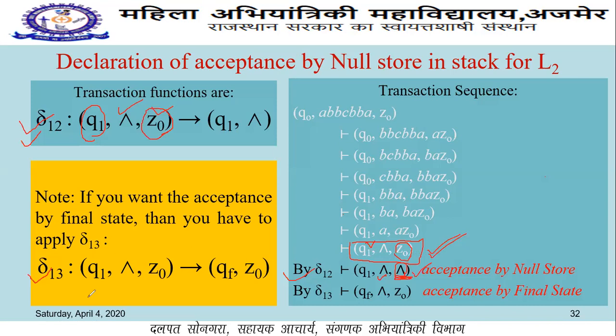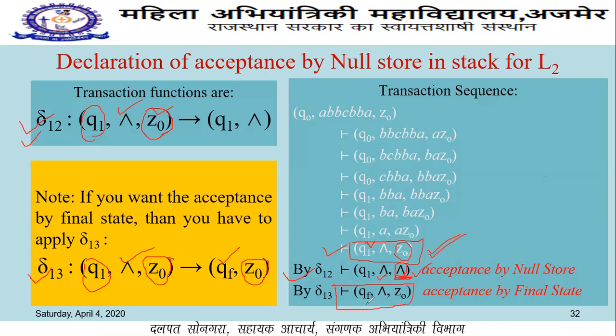Delta 13 tells us that whenever the machine is in state Q1, the input is processed and the top element of the stack is Z0, then come to the final state, meaning the state is changed and the stack remains unchanged.